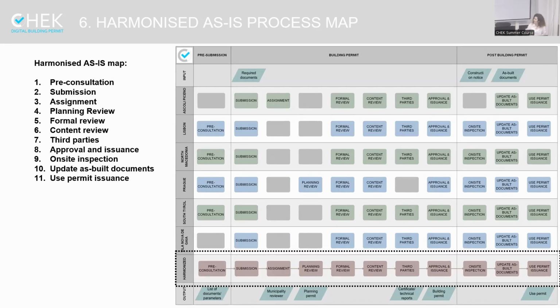And in the last line, you see, in a grouped way, all the steps from all these processes that are on the other lines. So here is the complete process, including all the steps from all the other processes.